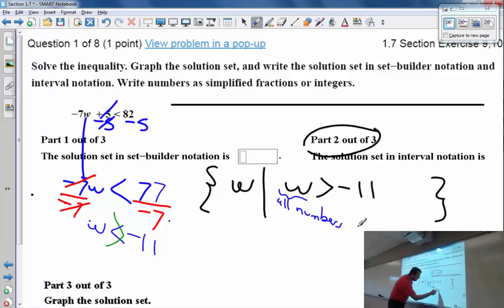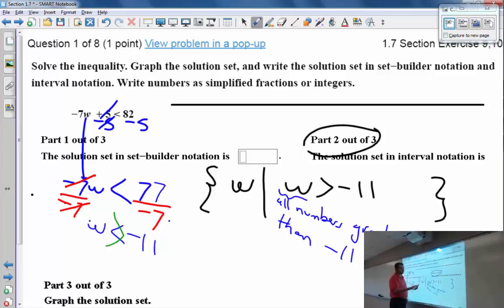Greater than what? Minus 11. Okay, so I need to demonstrate here all the numbers greater than minus 11. I need to start with minus 11 and count every number after that.